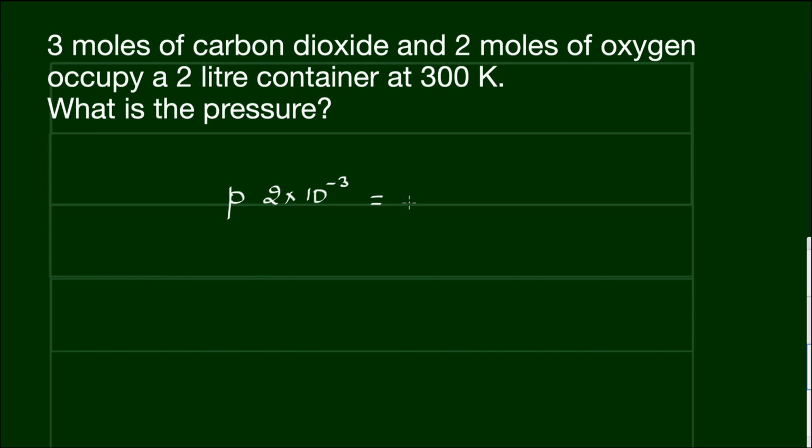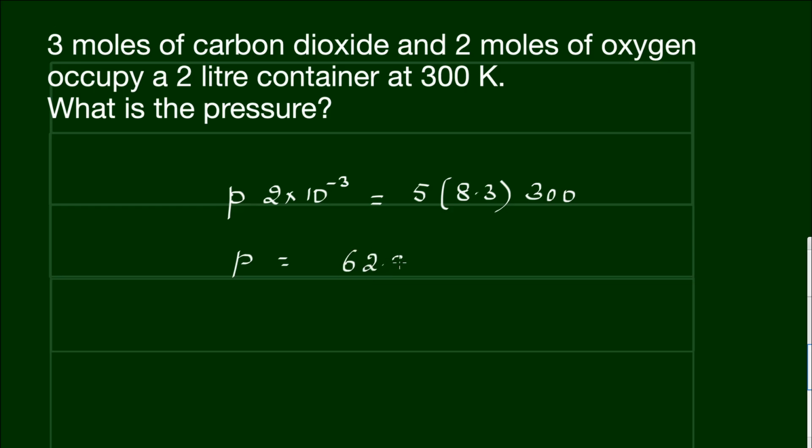PV = nRT, so 3 moles of carbon dioxide and 2 moles of oxygen, a total of 5 moles, R is 8.3 joules per Kelvin per mole, again SI units, and the temperature is 300 Kelvin. Solving for the pressure gives us 62.3 × 10^5 pascals.